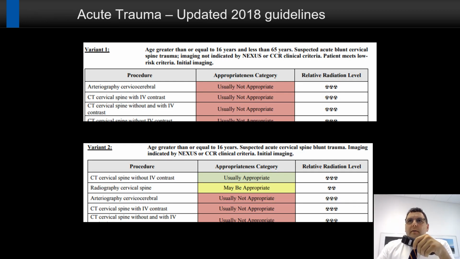For the spine, there are new guidelines out there. They were updated in 2018. And those guidelines put a lot of pressure on the clinicians.